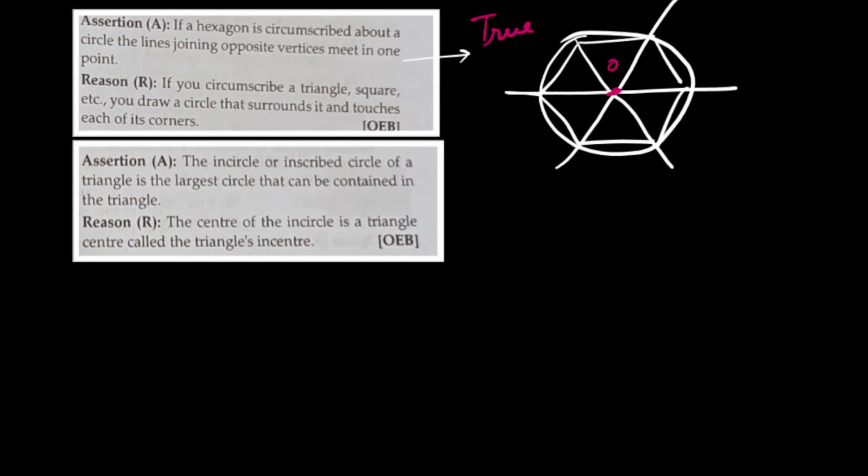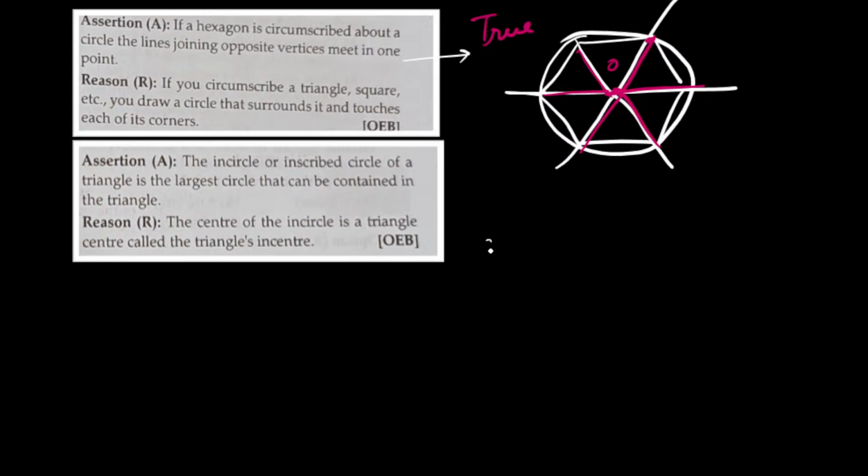When you are drawing a circle circumscribing a hexagon, from the vertices, if you are drawing lines, they'll meet at one point. So first is true. If you circumscribe a triangle, square, etc., you draw a circle that surrounds it and touches each of the corners. Is it true?